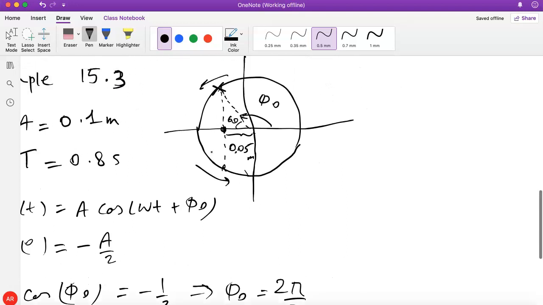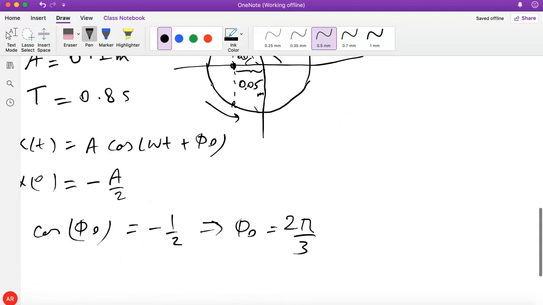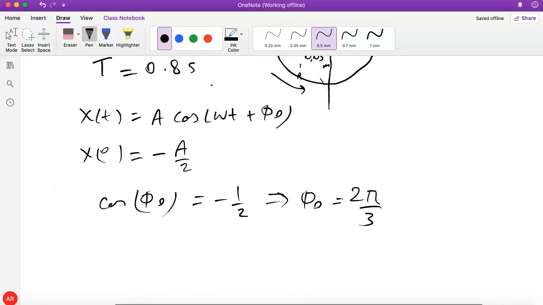Okay? So there's only this one point. You can add any multiple of 2 pi to it, but it's not going to change anything, because ultimately you're going to take the cosine or sine of this phase, and factors of 2 pi just don't contribute. That's the periodicity of your sinusoidal function. All right, so we know what phi naught is.